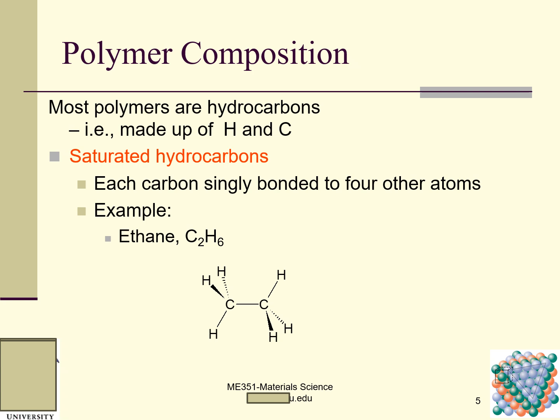In saturated hydrocarbons, each carbon is singly bonded to 4 other atoms. Unsaturated is different. So for example, this ethane, C2H6.